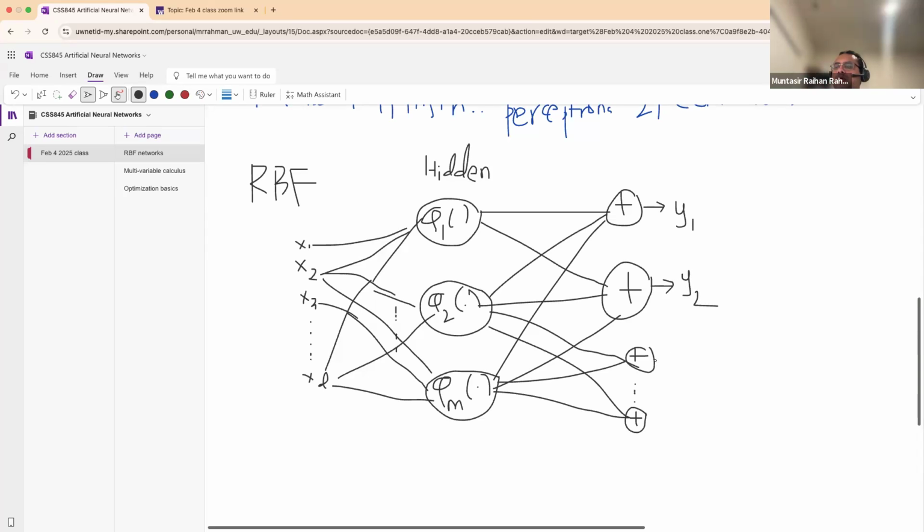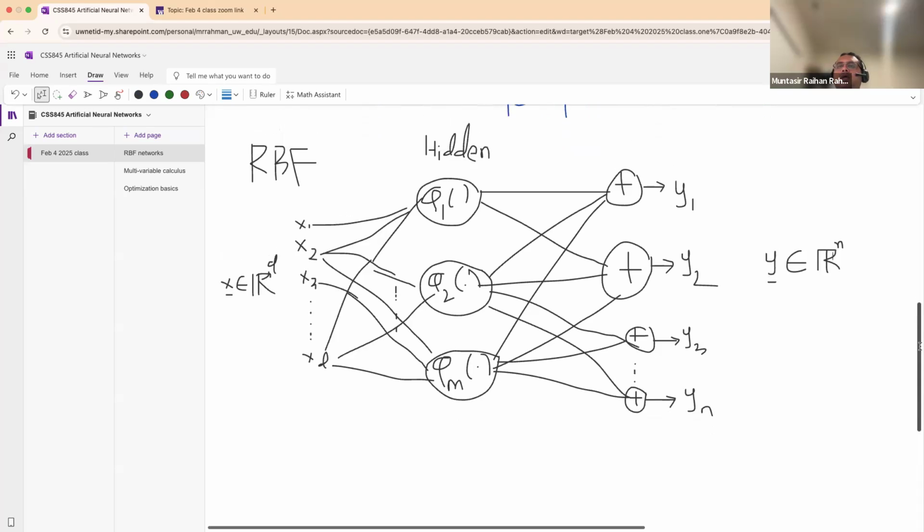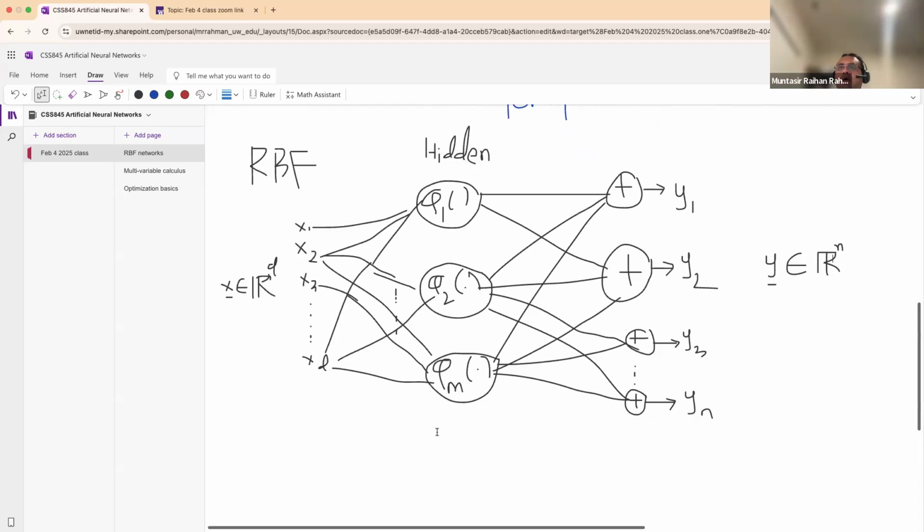This is y2. This output is y3, and this output is yn, right? So I have my input vector, which lives in a d-dimensional vector space, and my output vector y lives in an n-dimensional vector space. Okay. So far, so good.